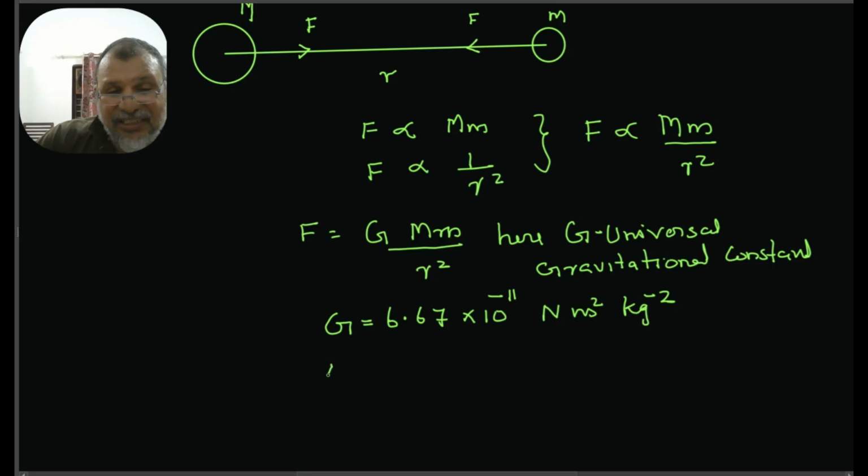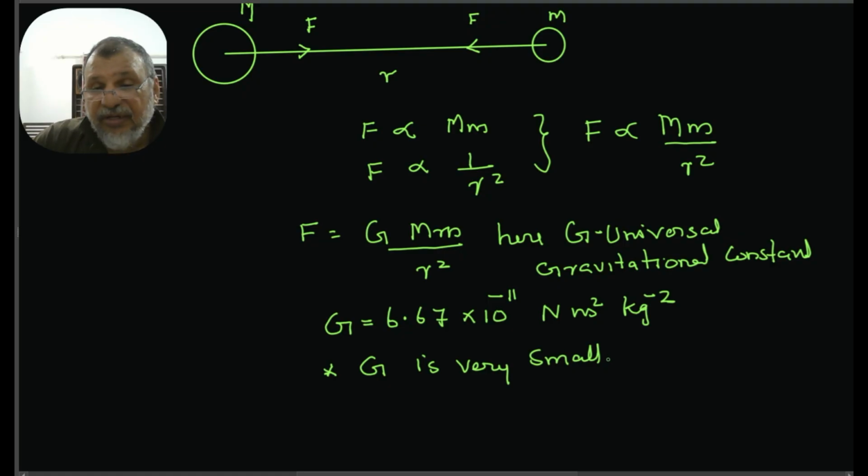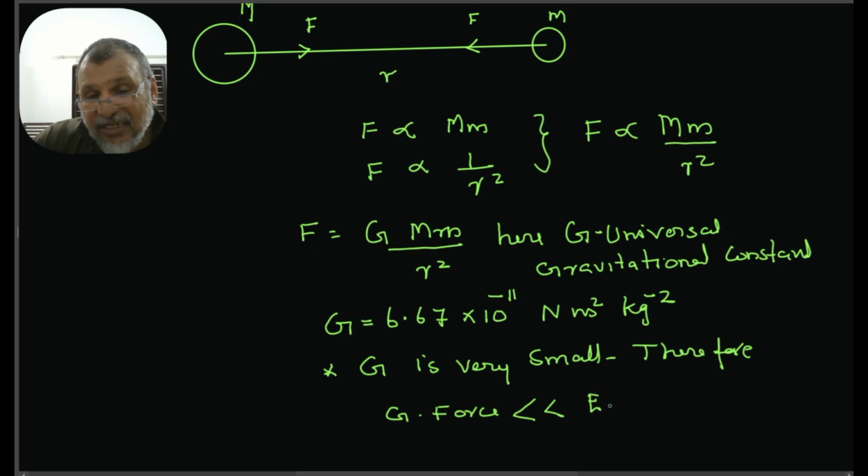You can just write that as an idea, not a very important one: G is very small in this universe, and this is one of the reasons why gravitational force in general is much smaller than electric force. Just an idea, not very important at this stage.